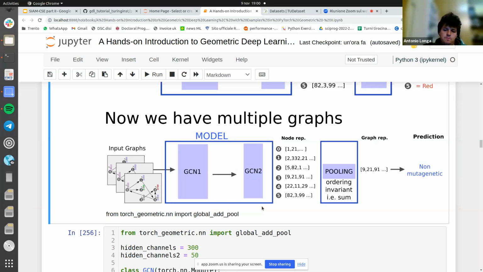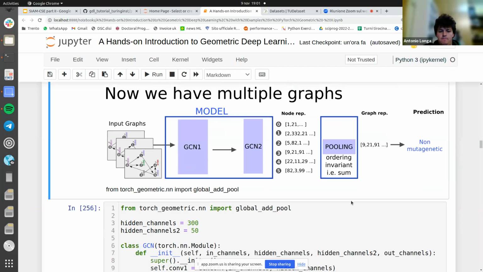Yes. In this example of animals, you may have even more classes instead of only two. But this is just something happening in the prediction layer. So in the last layer in which we are computing the probability of that graph belonging to a specific class.